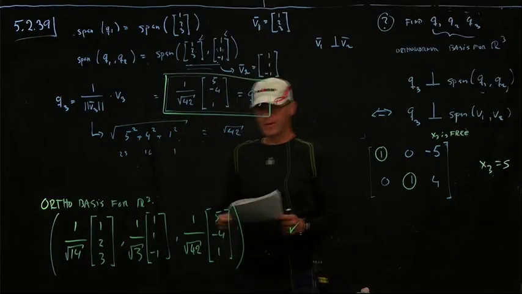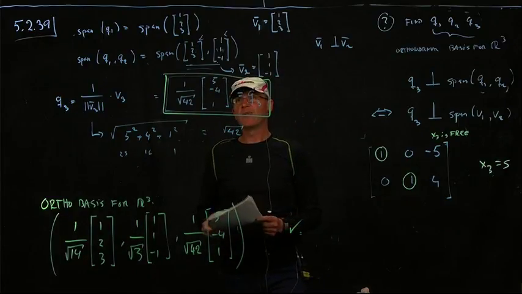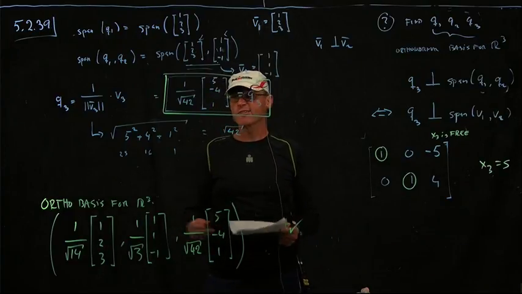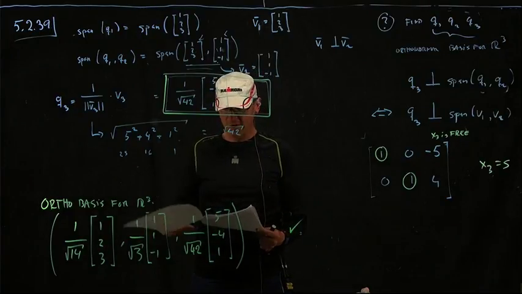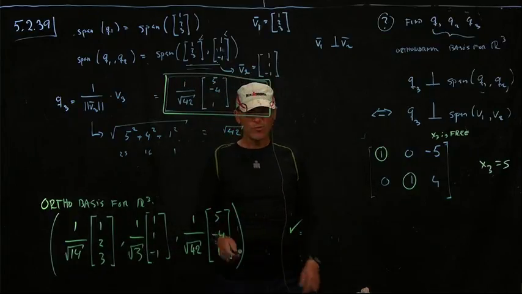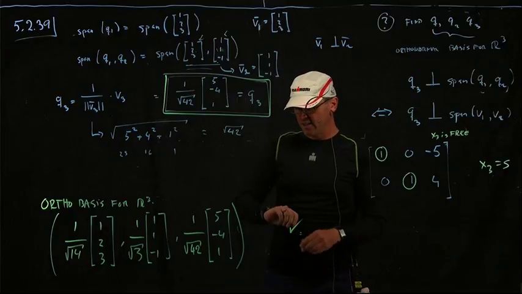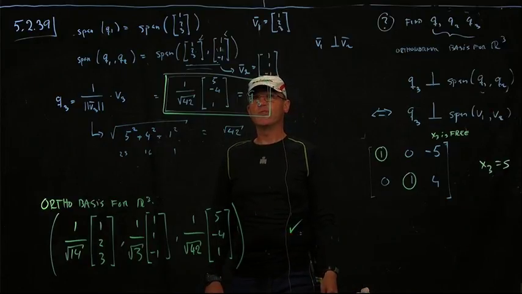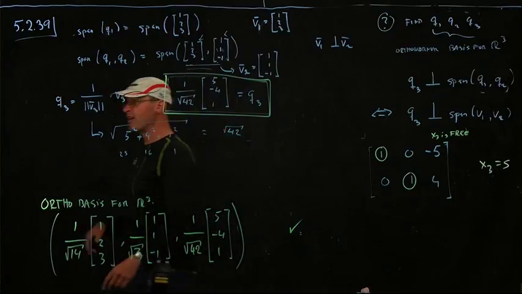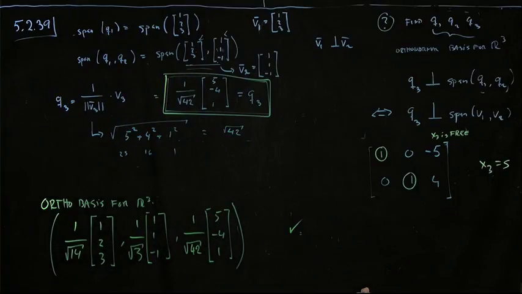So this problem has a little bit of Gram-Schmidt action in it and a little bit of finding the kernel action, and it all has to be put together. It's not too bad once you identify what pieces you need to put together. Okay, I think that's the last problem from 5.2.